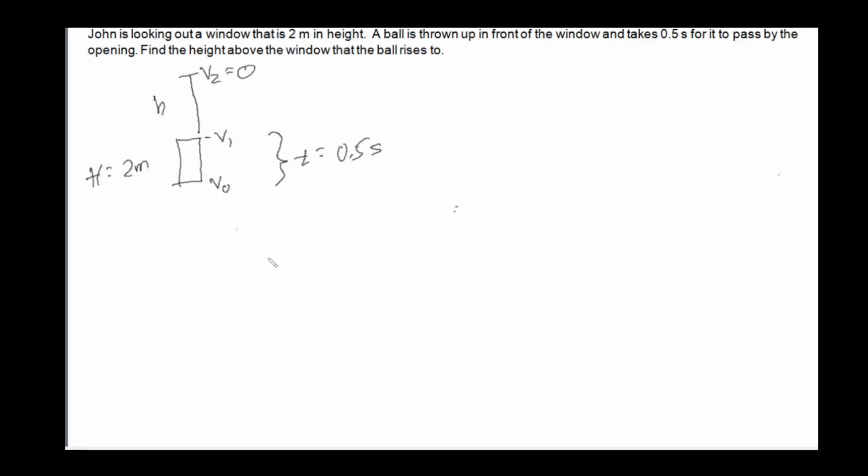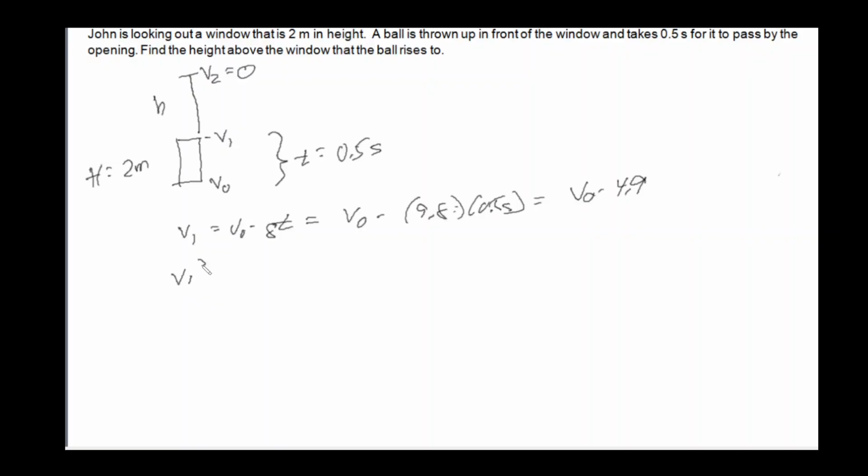We can use the following equations. v1 is equal to v0 minus gt, which is v0 minus 9.8 times 0.5 seconds, which is v0 minus 4.9.